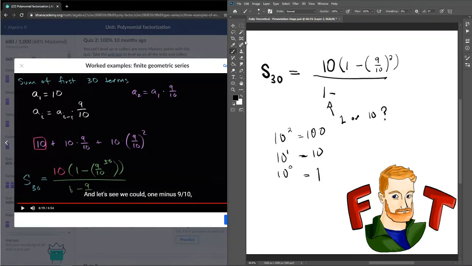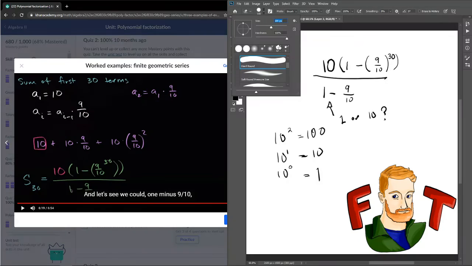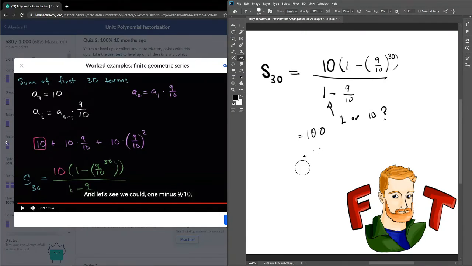I was so focused on figuring out how to set up the problem that I forgot that we're looking at the 30th term, and this being the common ratio, 9/10. So real quick, we're just going to erase all this. Now we need to simplify.